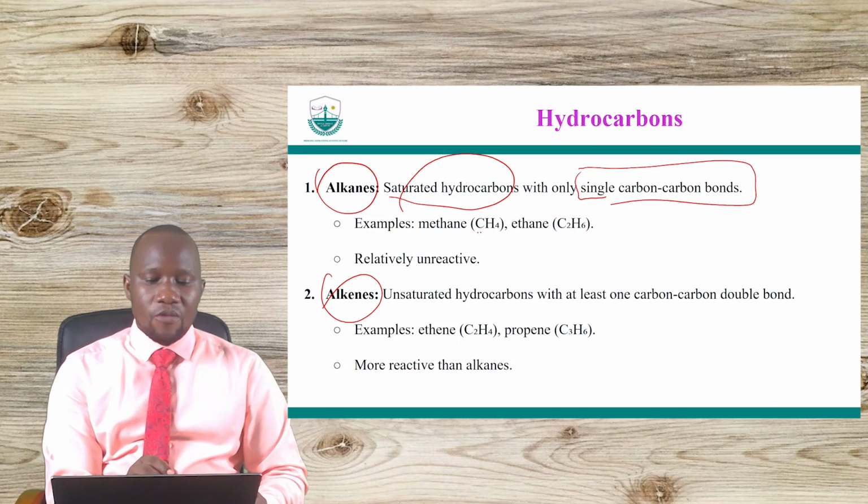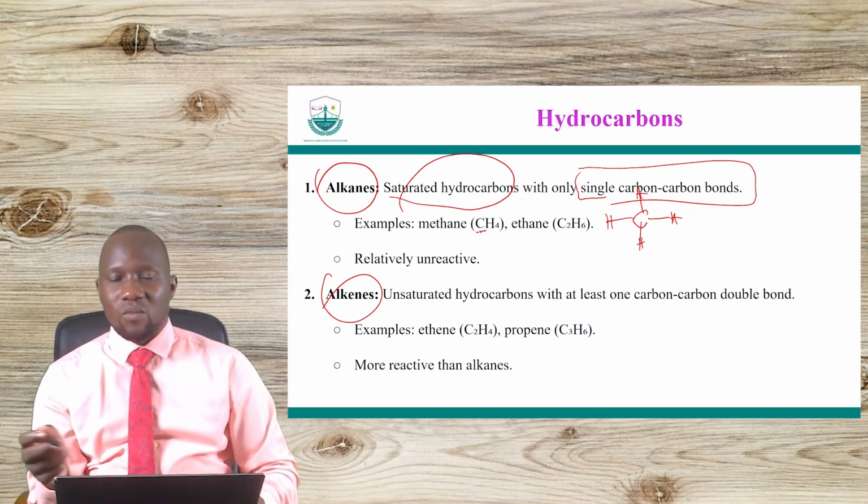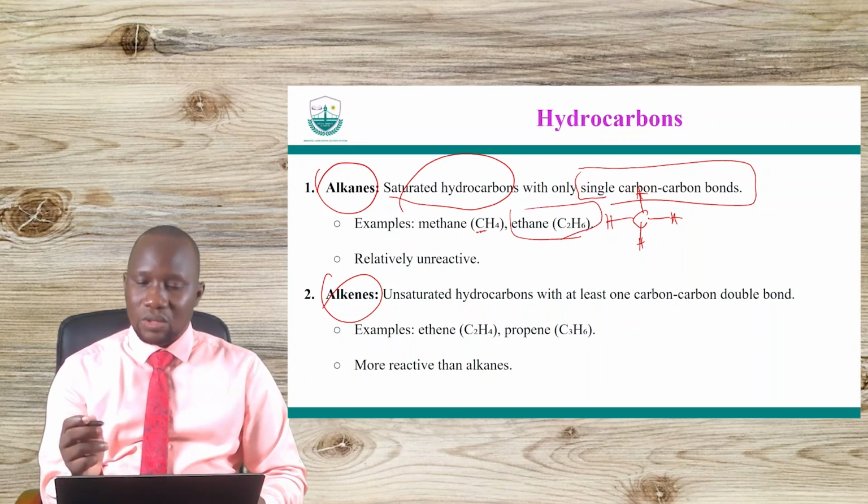They have only single bonds between carbon and carbon. So for one molecule you'll have CH4, each with hydrogen, hydrogen, hydrogen, and hydrogen. This hydrogen can be connected to another molecule. But ethane, for example, can bring out what I want to explain.